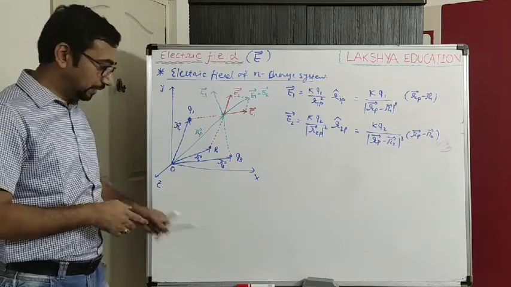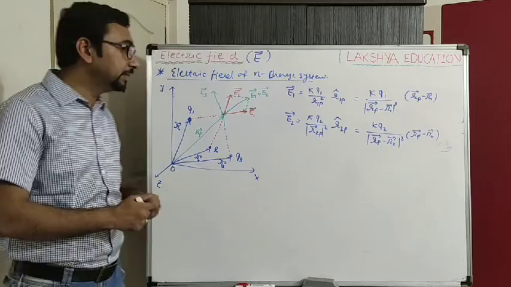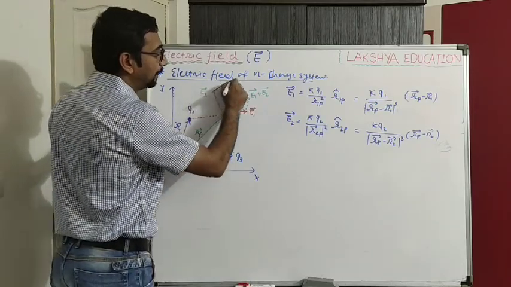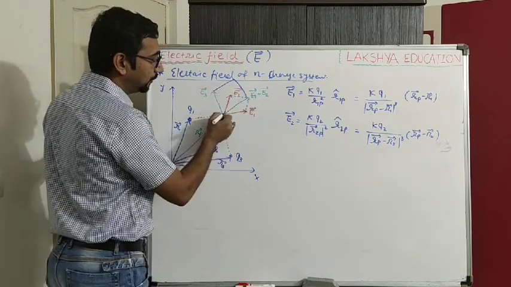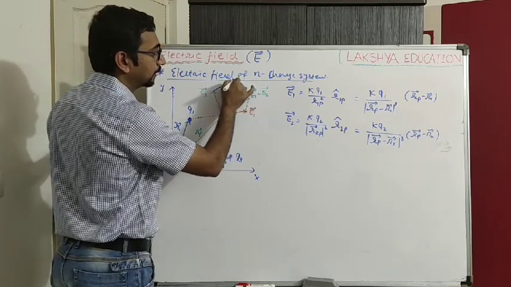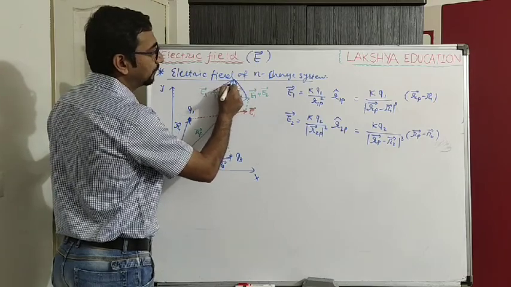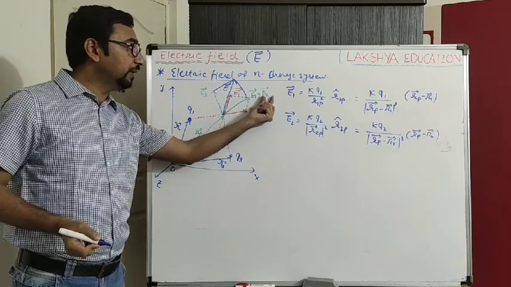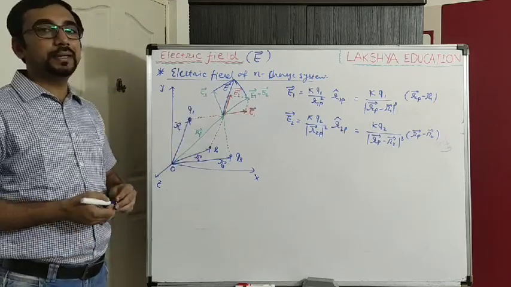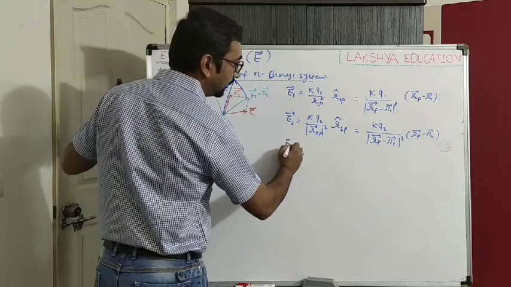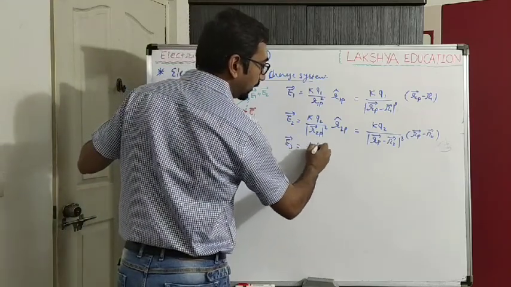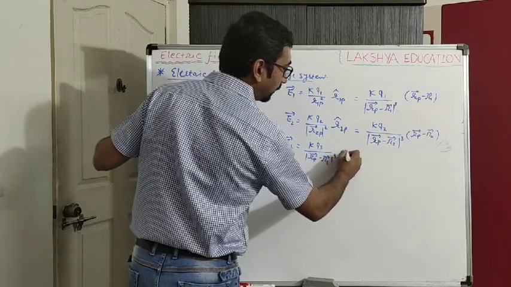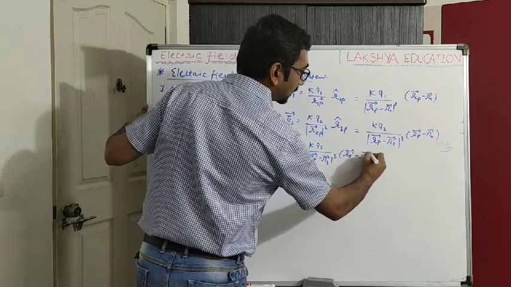Finally, if we find the resultant of E1 plus E2 and E3, again by the parallelogram method, it will be somewhere over here. This is our final electric field E, which is due to vector addition of E1, E2 and E3. E3 is equal to K Q3 upon the magnitude of Rp vector minus R3 vector cubed, into Rp vector minus R3 vector.